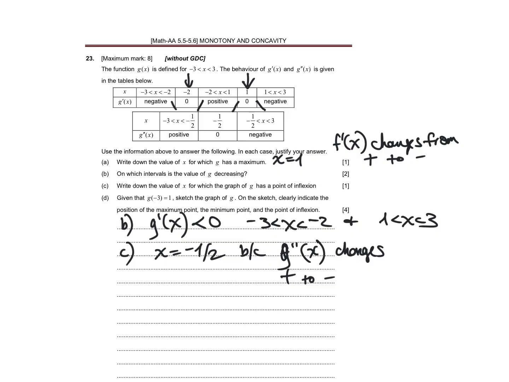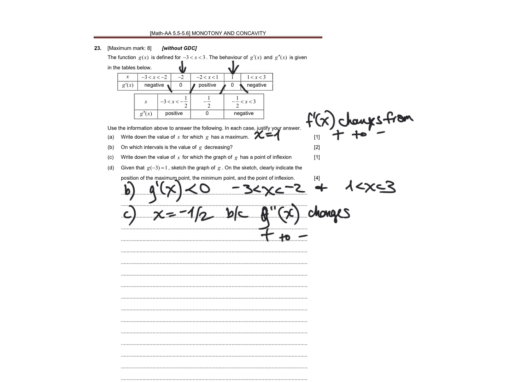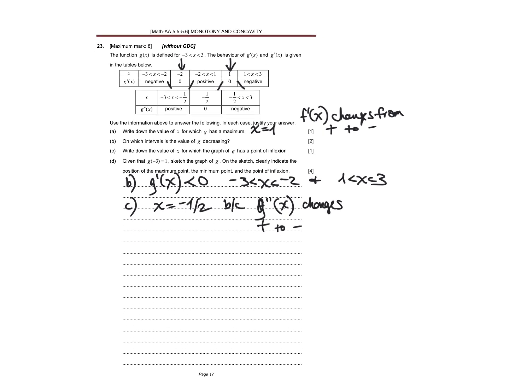Given that g at -3 is 1, sketch the graph of g. On the sketch, clearly indicate the position of the max, min, and point of inflection.